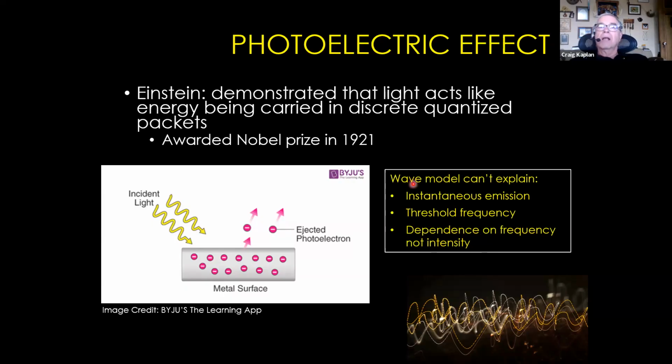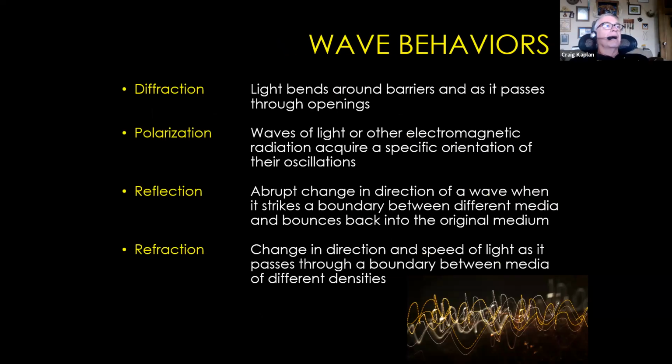So these three characteristics of the photoelectric effect seem to demonstrate that light is acting like a particle and not a wave. And in fact, Einstein left this experiment concluding that light must be a particle. Little did he know, or he probably did know, but there are also wave behaviors that are consistent with light.